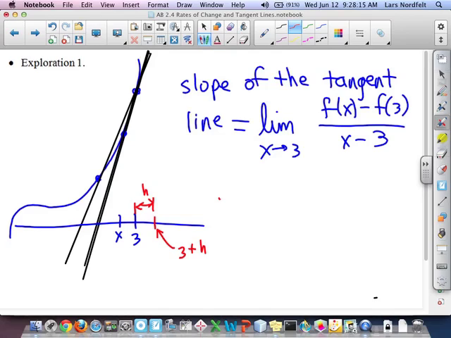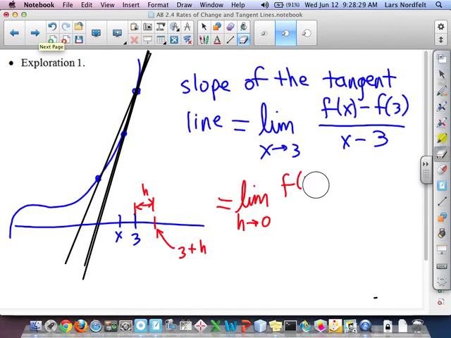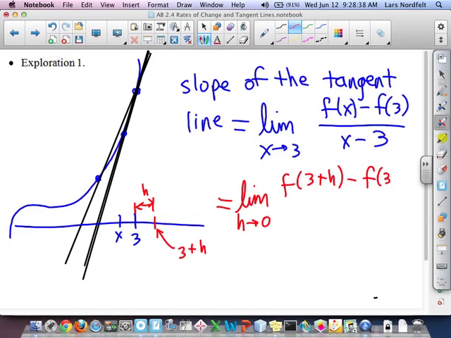So the slope of the tangent line, another way to write it is the limit as h goes to 0 of f of x plus h. No, I'm using 3, not x. f of 3 plus h minus f of 3 divided by 3 plus h minus 3, but this 3 plus h minus 3 is really just h.